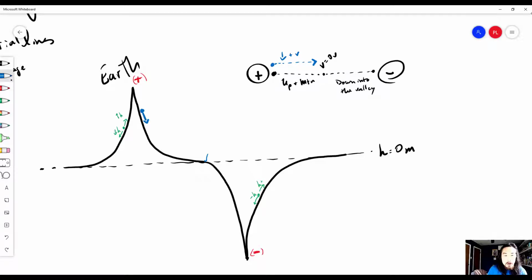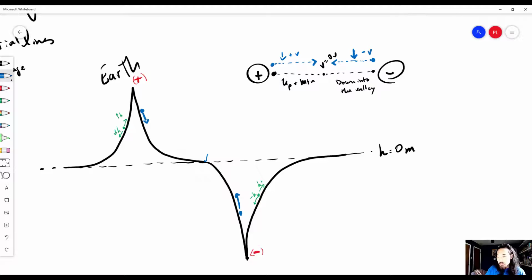All right, and let's say for here, I'm on this side of the valley, and I'm going up and out of the valley towards my 0 voltage. That's as if I am here. I am really close to the bottom of the valley, or I'm really close to that negative charge, and I am headed towards the 0 volts. So once again, what that means is that I have a decrease in negative voltage. I'm getting more and more positive.